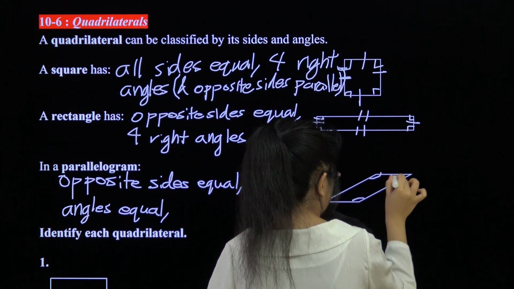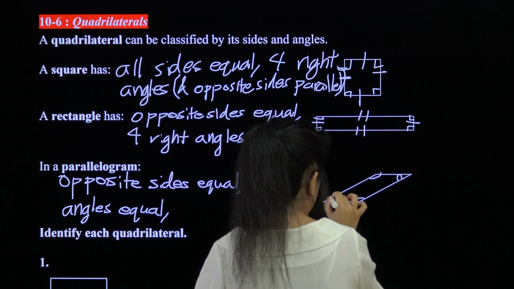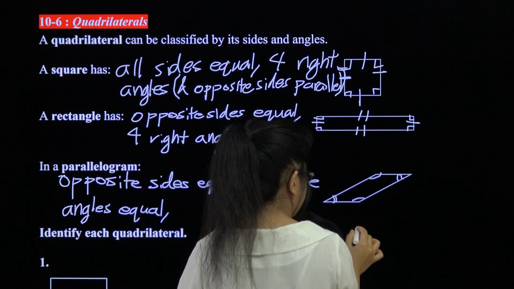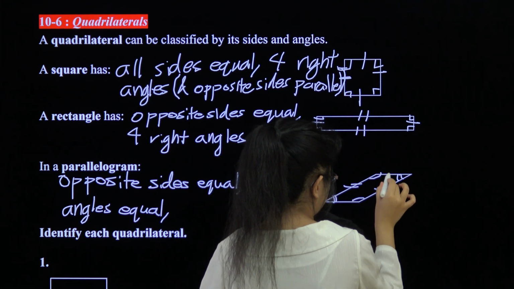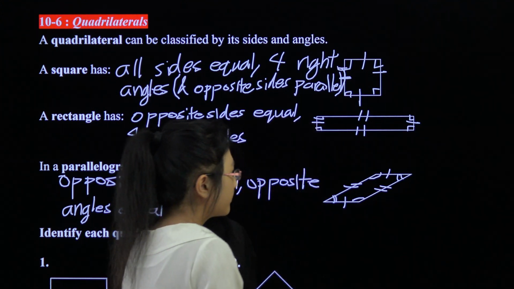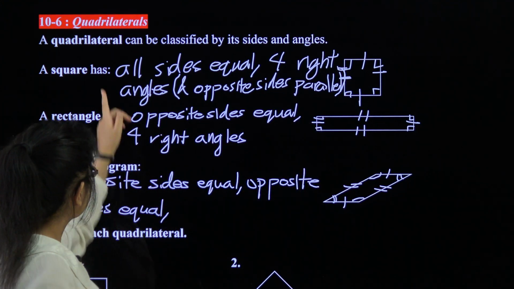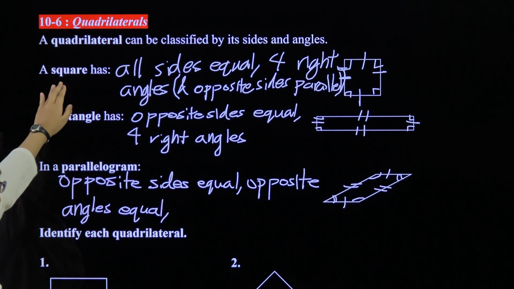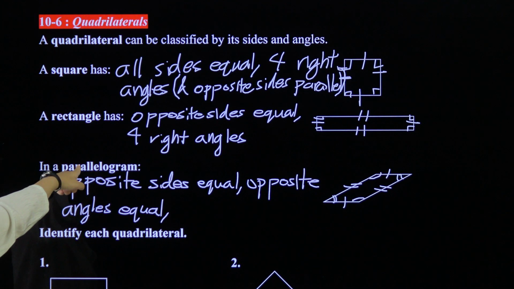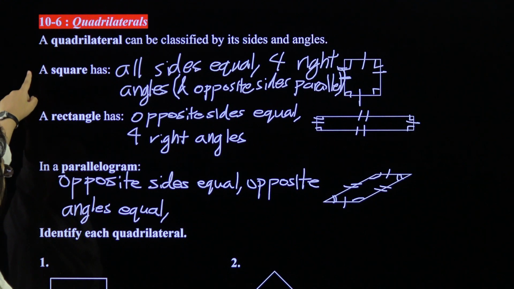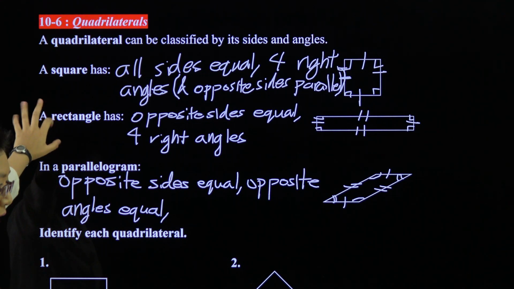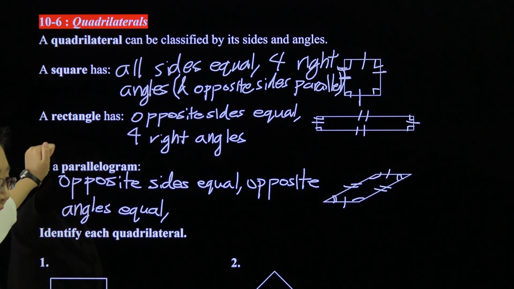wait, but that means that rectangles and squares are technically parallelograms. Yeah, this is true. Here's the thing. Squares are always rectangles. Rectangles are not always squares. Squares and rectangles, both, are always parallelograms.